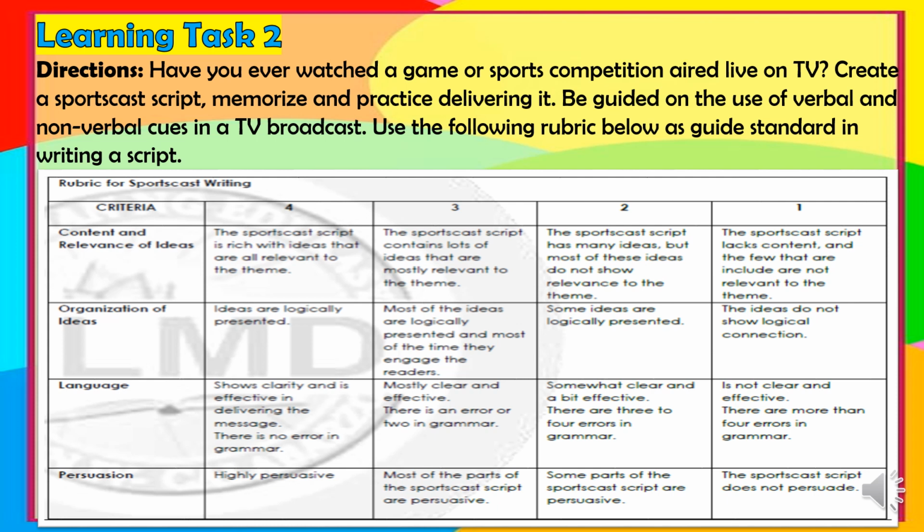So we have the rubric for sportscast writing. We have the following criteria: content and relevance of ideas, organization of ideas, language, and persuasion. You will get 4 points if the sportscast script is rich with ideas that are all relevant to the team.